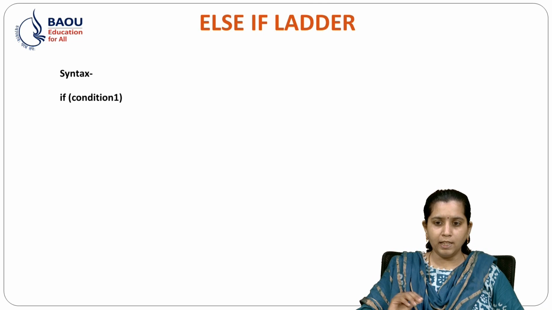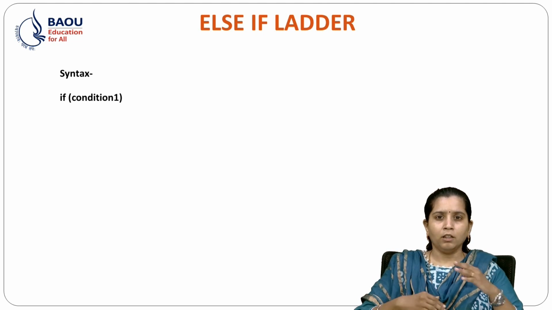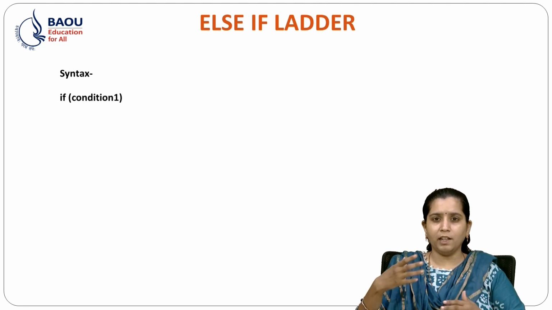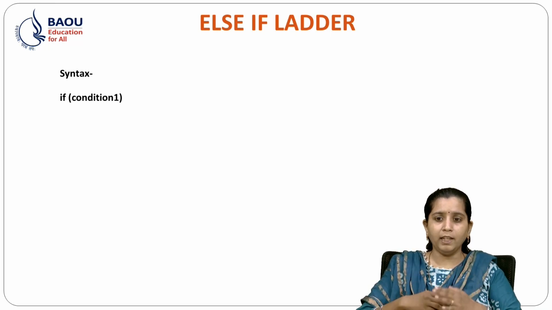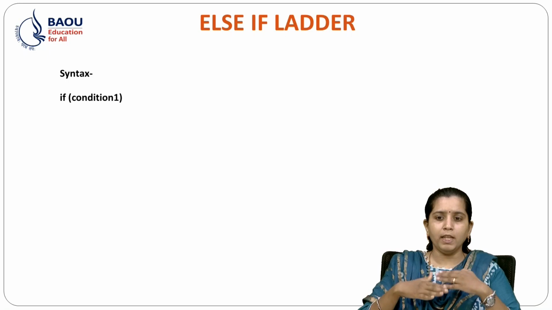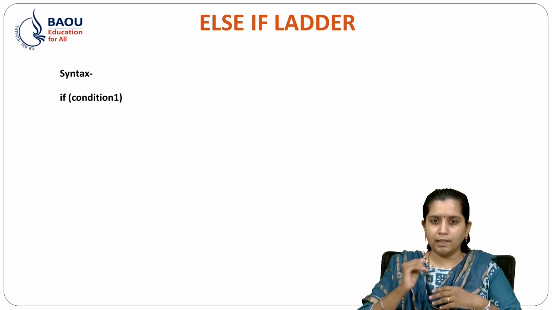This is very easy for writing, otherwise too many nested ifs will create confusion for a programmer, and the code will not be easily readable. So let us see how we can frame the else if ladder for nested if.